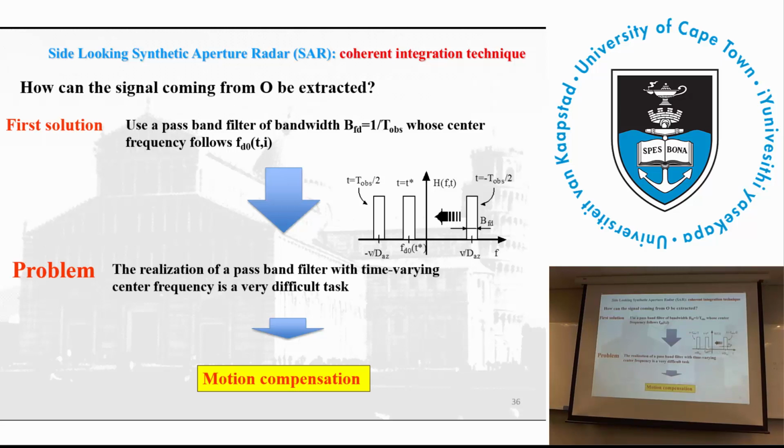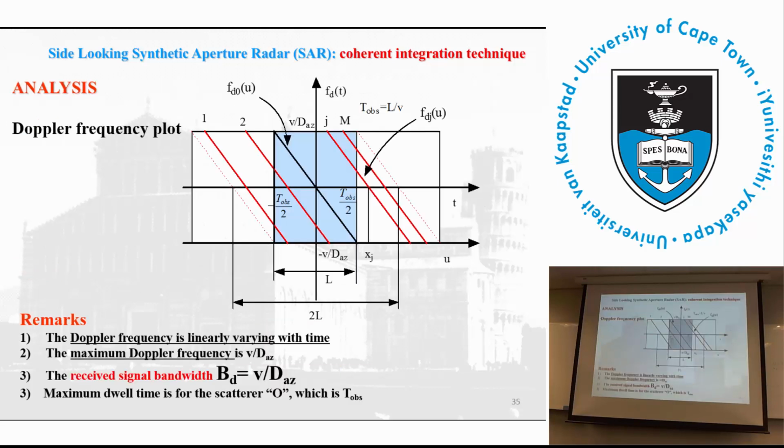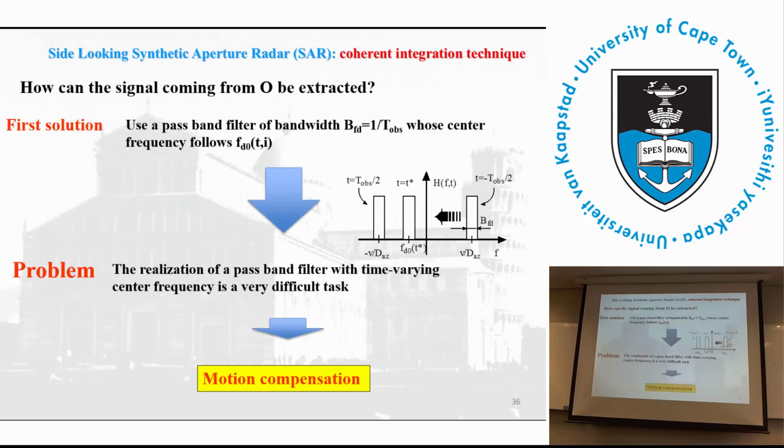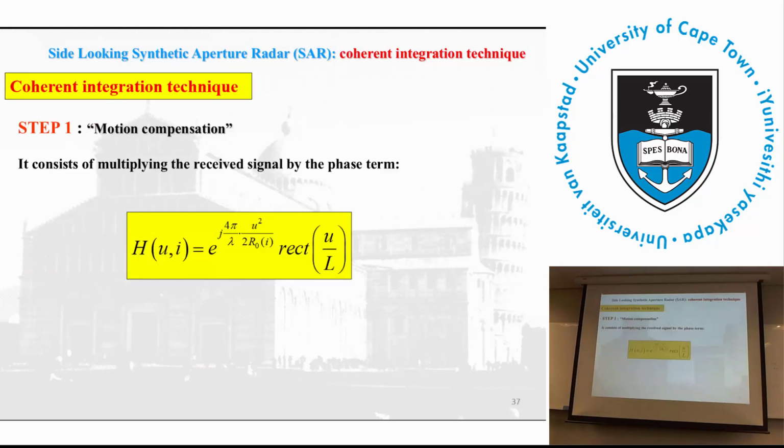I know exactly how this moves. I know exactly how these expressions look. So why don't I compensate for that term? I can create another signal, a digital signal. All this is digital.